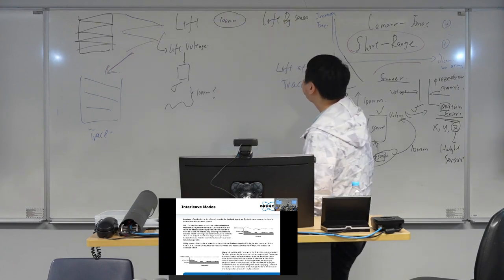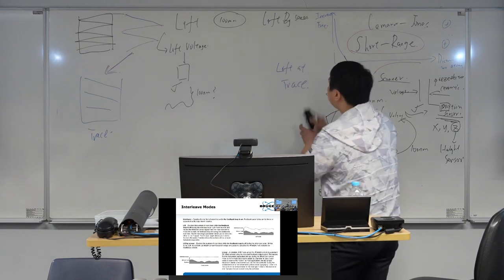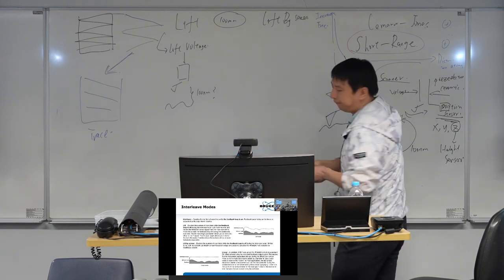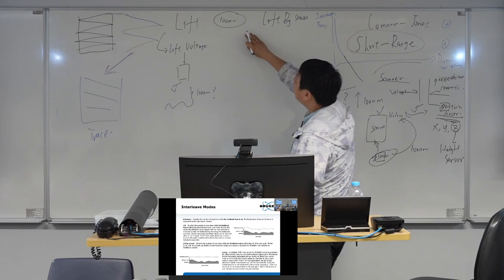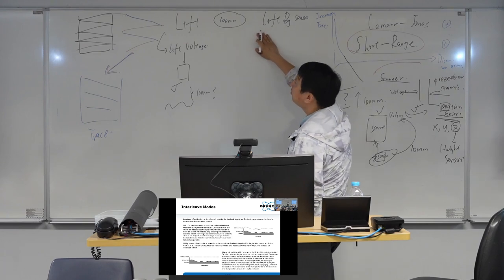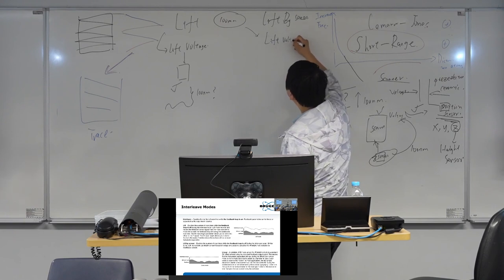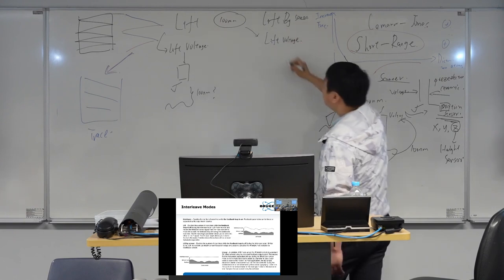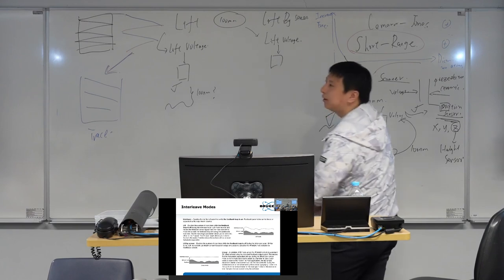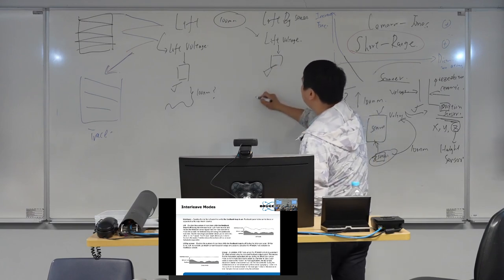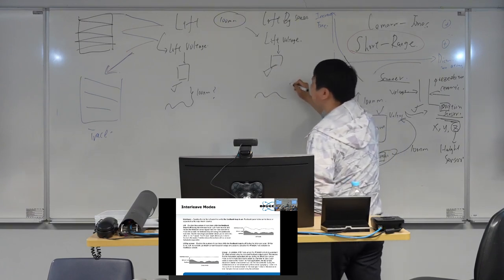We don't know. Okay, then what about this lift by sensor? Again, we have the 100 nanometer from the software, and it will generate a lift voltage. It applies onto the scanner, onto the tip, and then the tip is away from the surface.